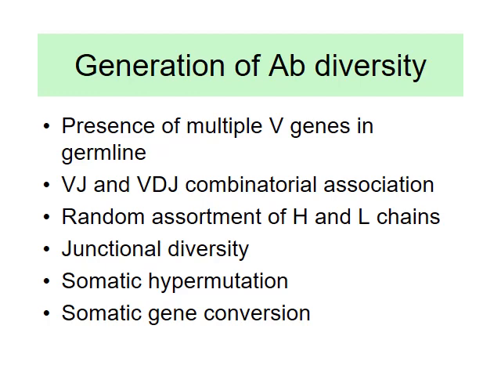We have VJ and VDJ combinations available. There is a random assortment of heavy and light chains. So you can see that all these tools that we have, junctional diversity, somatic hypermutation, and somatic gene conversion, allow us to create different sets of antibodies.